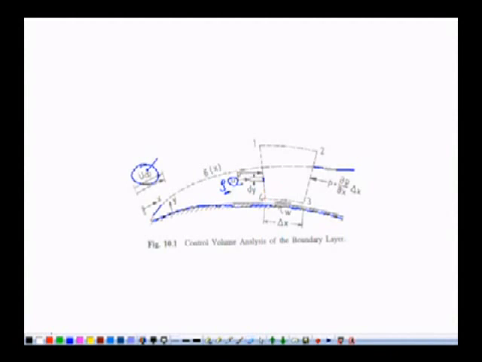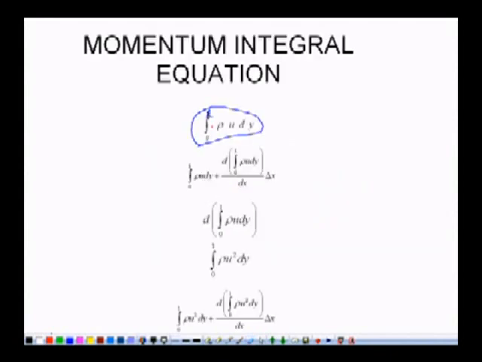If we want to calculate for 1 to 4, where 4 is lying on the surface, we have to integrate because u is a variable. Outside the boundary layer, this u becomes capital U and it is constant. So this is 0 to L. It may be 0 to infinity, basically it can be taken as 0 to infinity, but it can be reduced to 0 to L, 0 to delta, because outside the boundary layer, what is u?